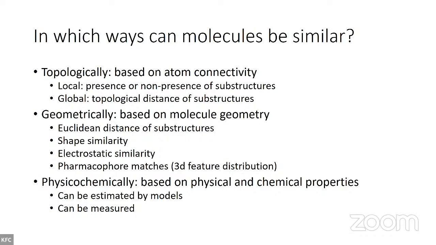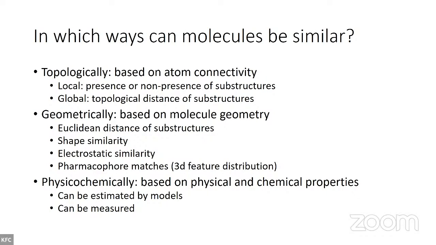We can calculate various indices to see the shape similarity between two molecules. We can have a look at the electrostatic surface, at the partial charges and so on. Or we can go even a little bit more abstract and see if we have pharmacophore matches. This just means whether it matches a certain 3D distribution of features.